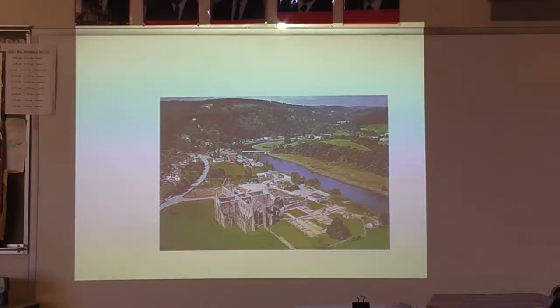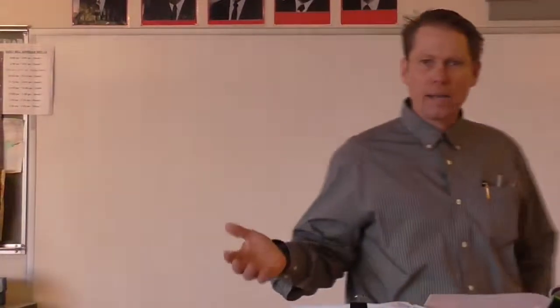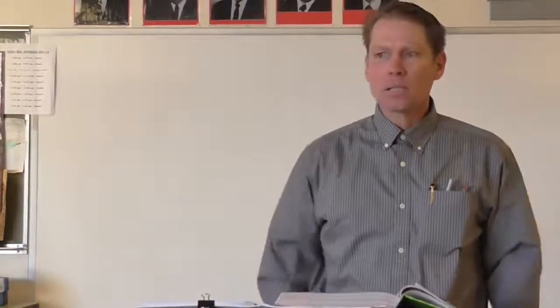This is what Wordsworth is seeing when he comes back to write his poem. This river to the side there is the River Wye, okay? So there you go. An introduction with images to Tintern Abbey. I like to give you that to place in your mind what this looks like, that he's seeing.